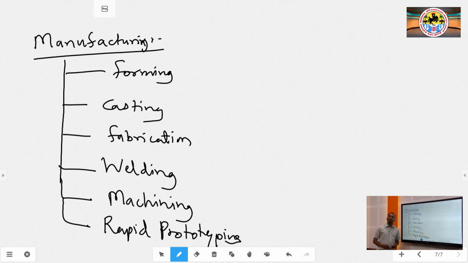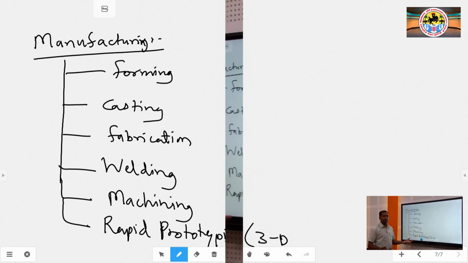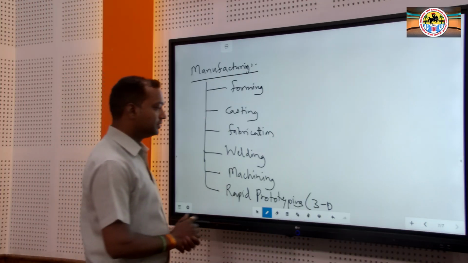Rapid prototyping is also known by another name, 3D printing, where we can obtain a prototype of a material and analyze whether the production method applied to it is good or not. Then we can change that material; we can use PVC, polyvinyl chloride, as a raw material for this purpose.